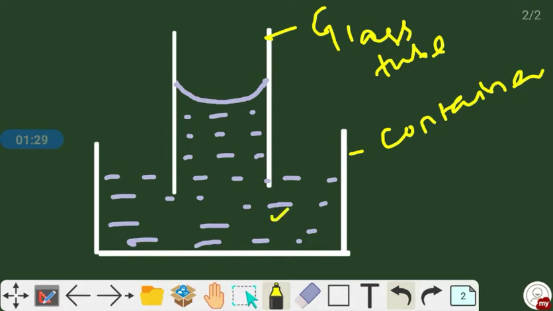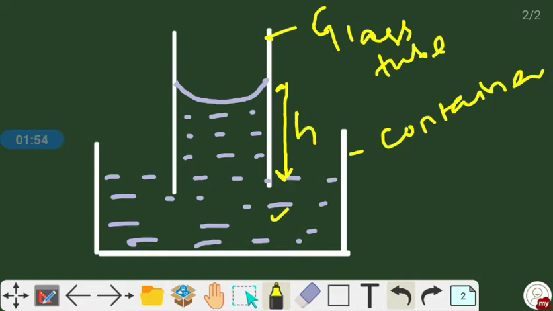Okay, so first thing, this height from the liquid surface in the tube to the liquid surface in the container, this height difference is called H, that is capillary rise.